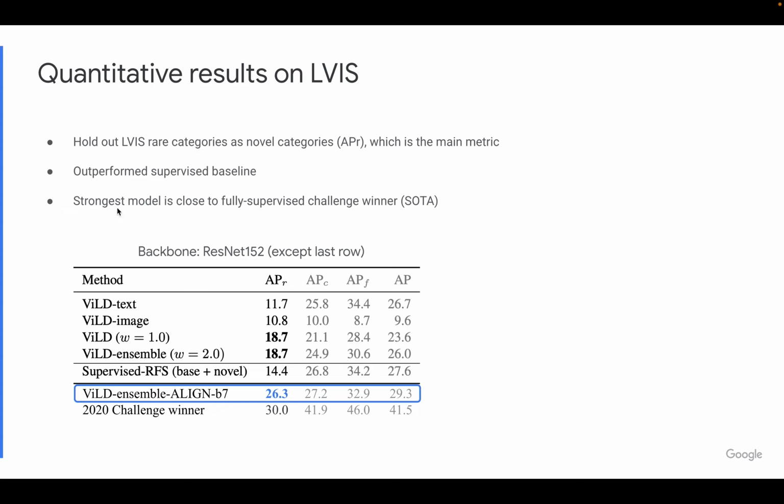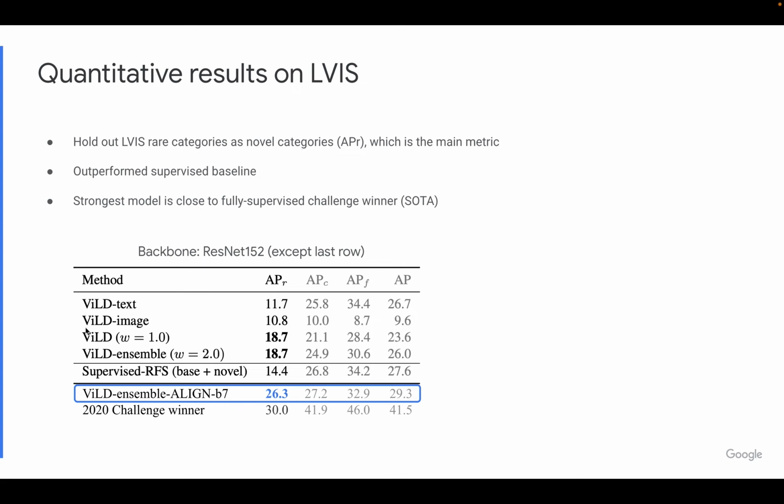Here are some quantitative results on LVIS. We mainly evaluate on the LVIS dataset, a detection dataset with more than 1,200 categories. And we hold out LVIS rare categories as novel categories, which are never seen during training. We also use the AP on the novel categories as our main metric.